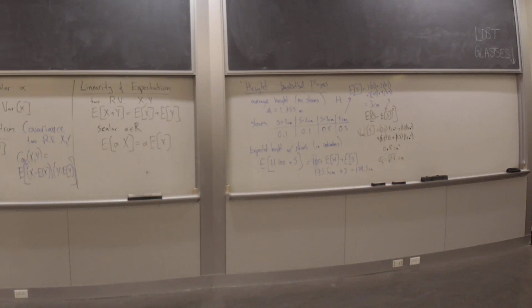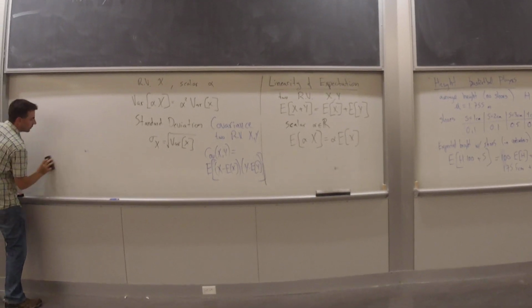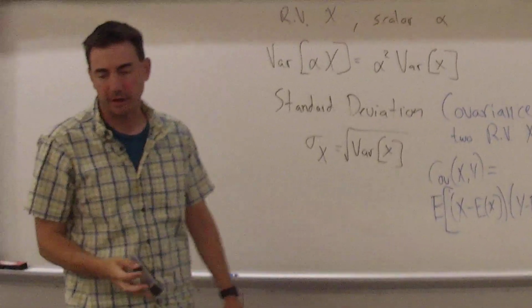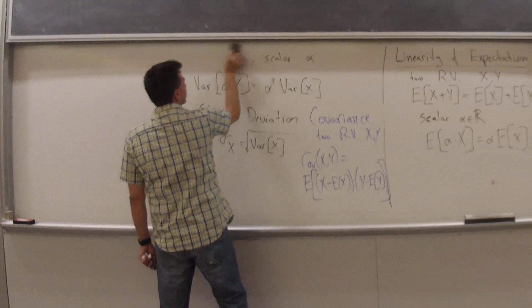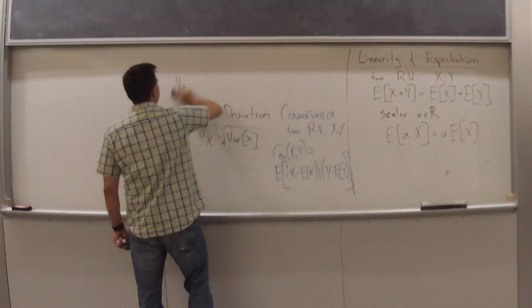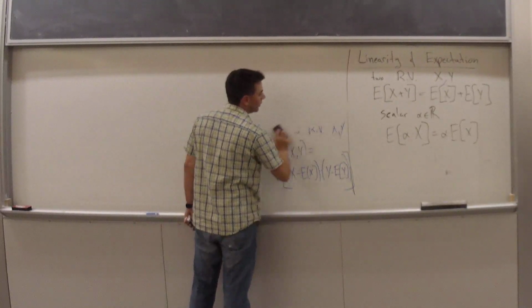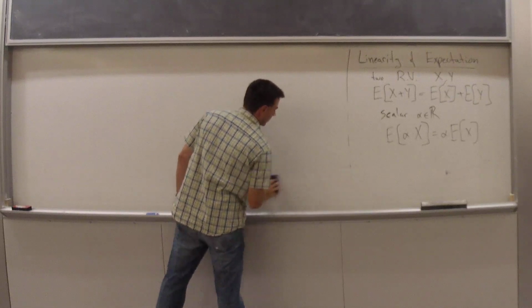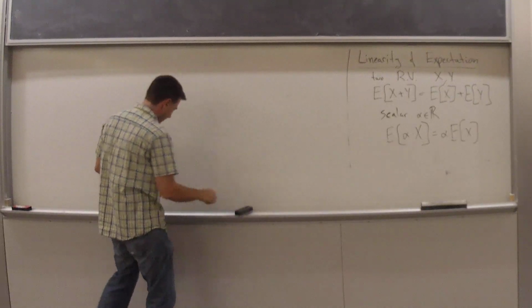Okay, so the last topic I need to cover today is basically continuous random variables. How do we talk about joint, marginal, and conditional variables? In the discrete setting, you could write down a table and define these naturally.